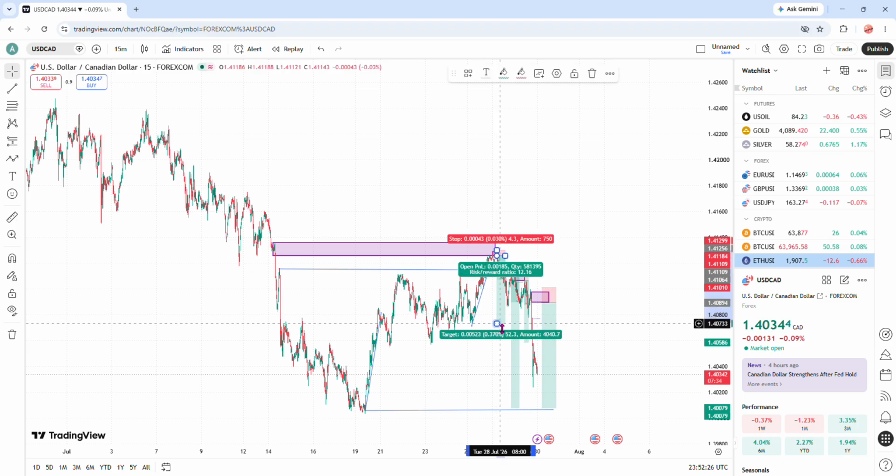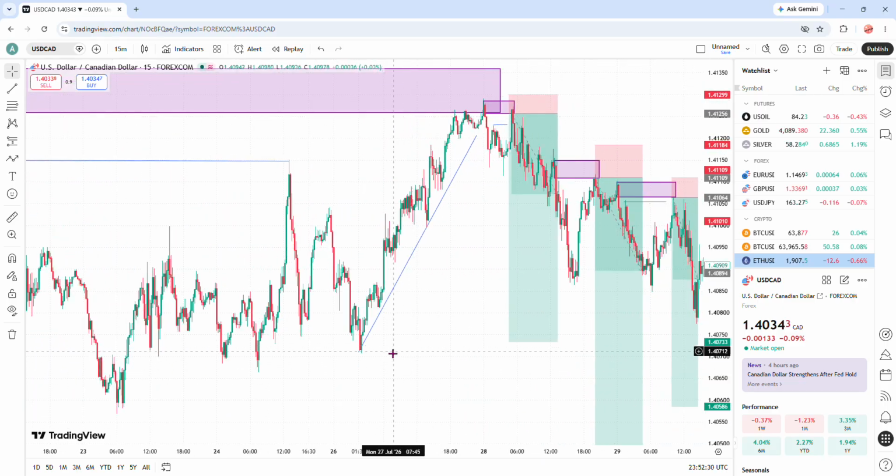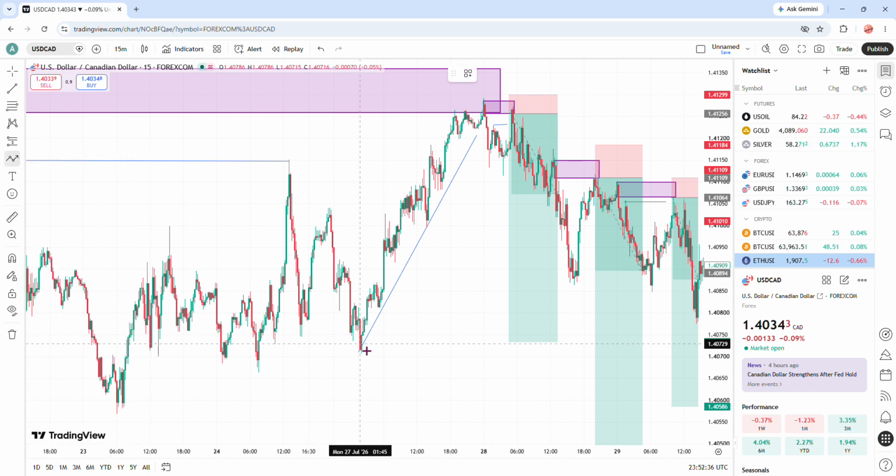Why? You can see that when the market was approaching our point of interest, it was giving this vibe of higher high, higher low, higher high, higher low, higher high, higher low, higher high.